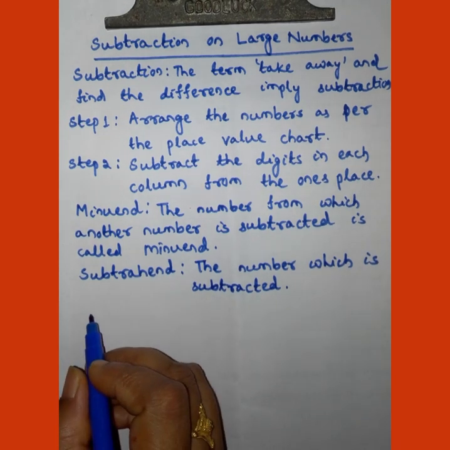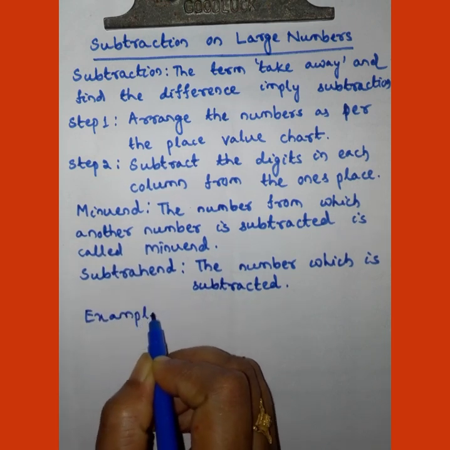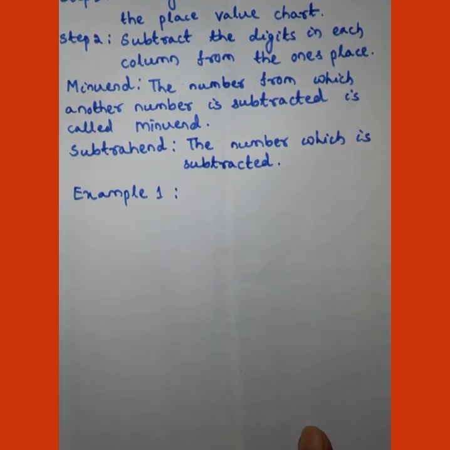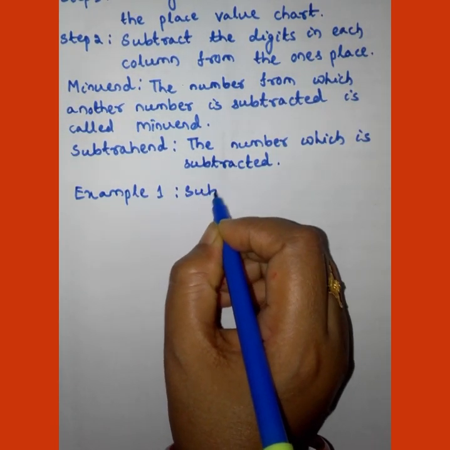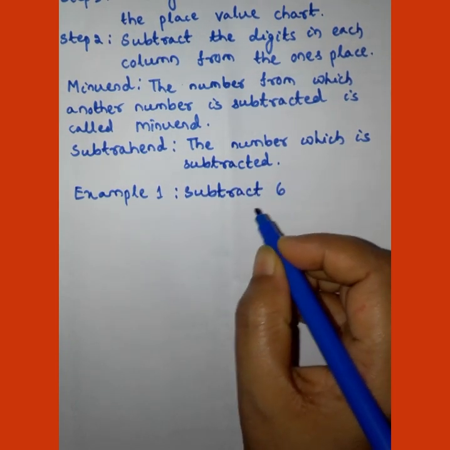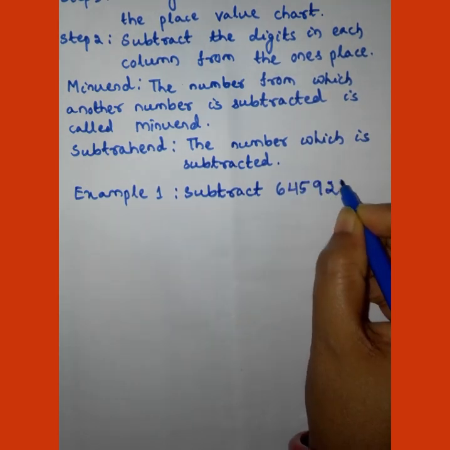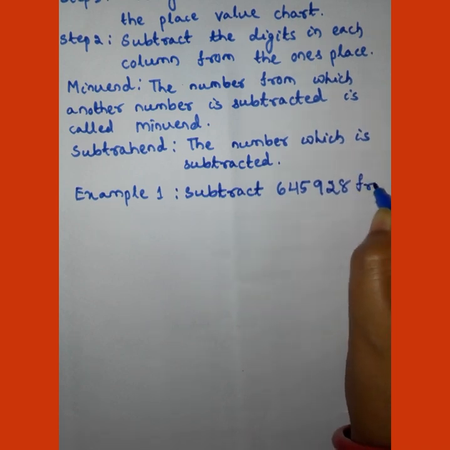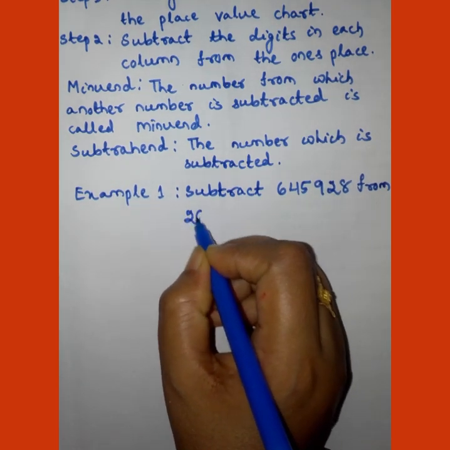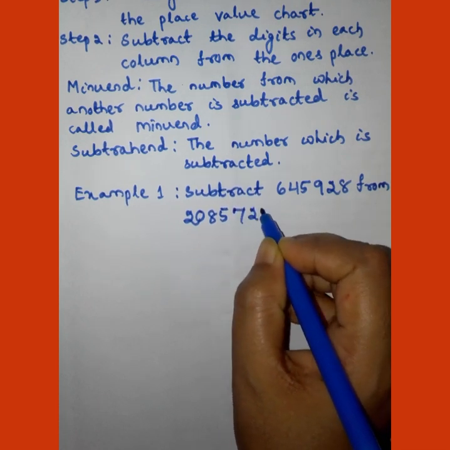Let's take an example. Subtract 6,45,928 from 20,85,725.